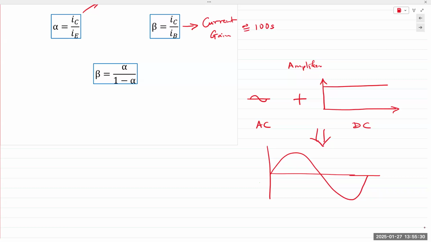The BJT would take the DC bias and give it the shape of the AC signal. Of course, that's a very simplistic way of stating it.